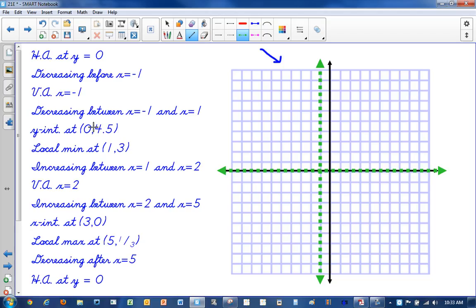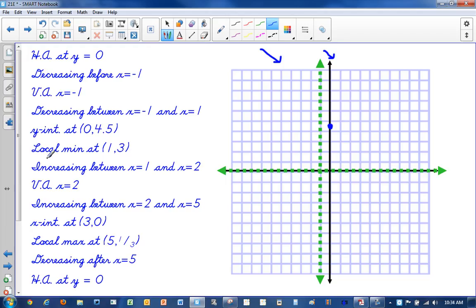All right, I know that the function, again, is decreasing between x equals negative 1 and 1. So I just put a little down arrow there again. And I know that in between x equals negative 1 and 1, I've got to pass through the point 0, 4.5. So I've got to go through that point and keep decreasing.